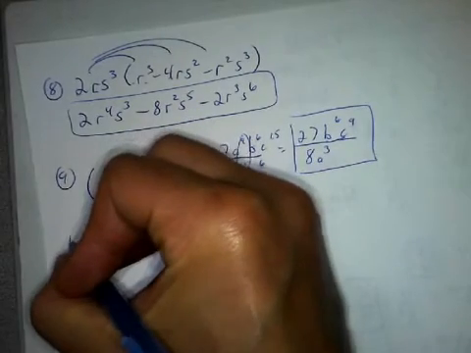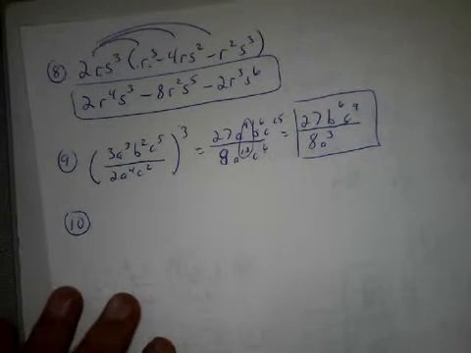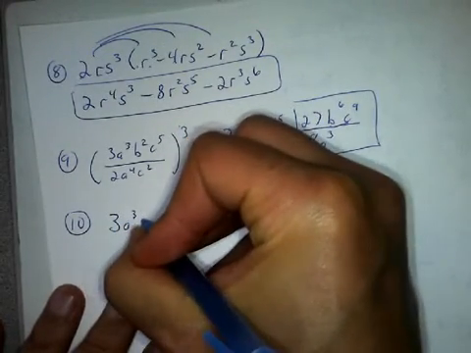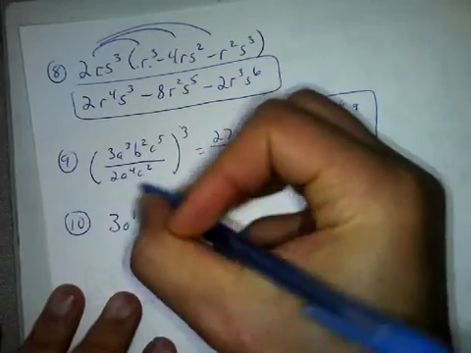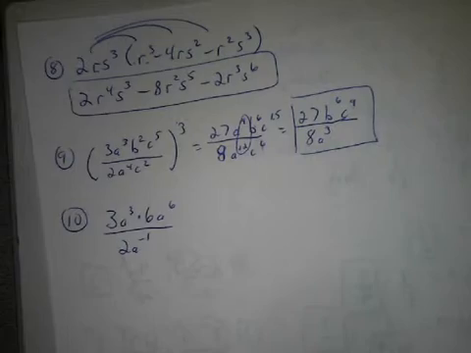One last problem that we'll do, number 10, is 3a cubed times 6a to the 6th all over 2a to negative 1. Another problem that you guys make mistakes on all the time.